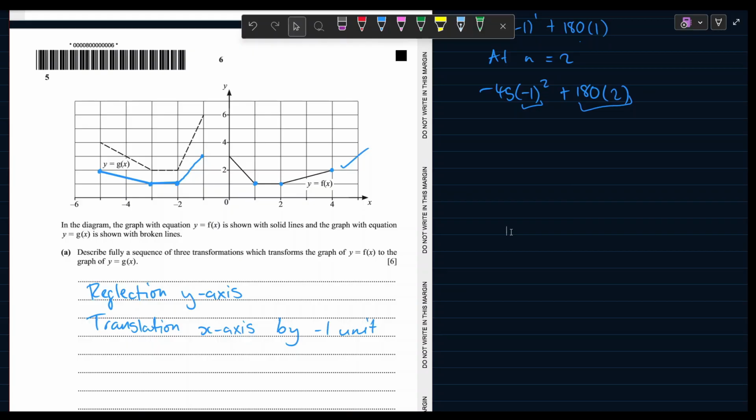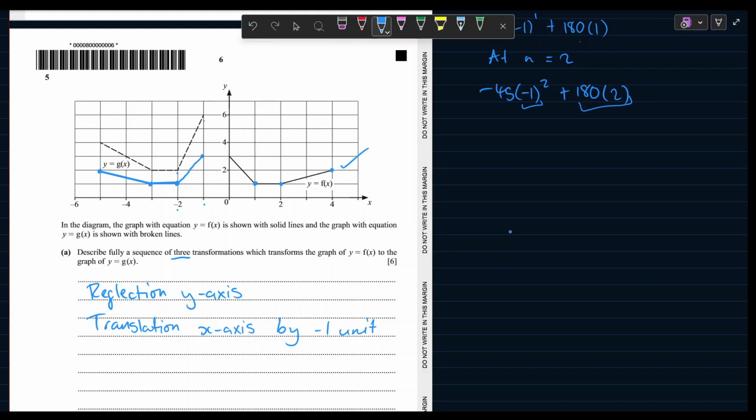So finally, we have to apply one more transformation because they said 3 transformations. And the x values are now perfect. The only thing we need to sort out are our y values. Because at this point, x is negative 1 and x is negative 1, x is negative 2, x is negative 2, that's fine. The only problem are our y values.